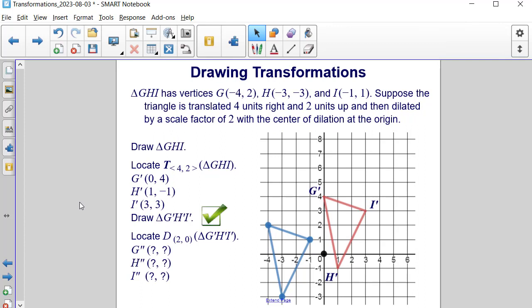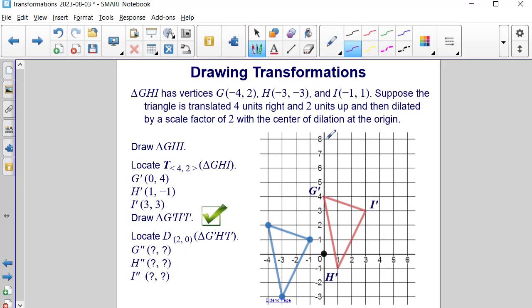The next step is to locate the points of triangle G double prime, H double prime, I double prime, which will be the image occurring after a dilation with a factor of 2 about the origin of triangle G prime, H prime, I prime. So in order to find those points, we'll first draw straight lines out through each of these coordinates so that we can see the path of the dilation when it occurs.